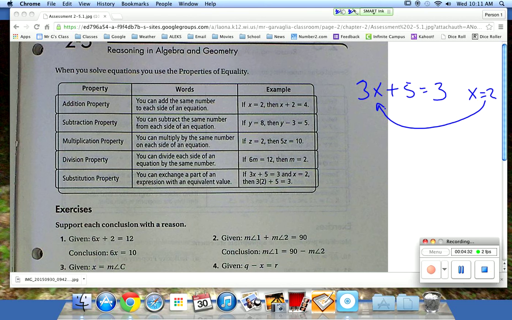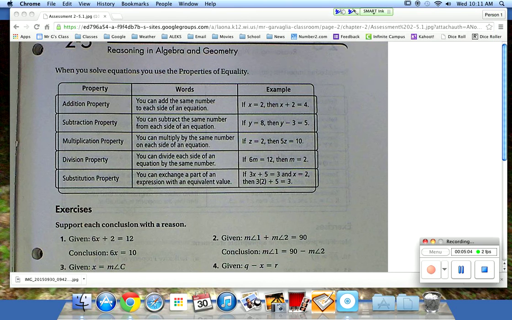We're substituting that out, so we have 3 times 2 plus 5 equals 3. Okay, so you get a little bit of an understanding of how each one of these properties works, right?